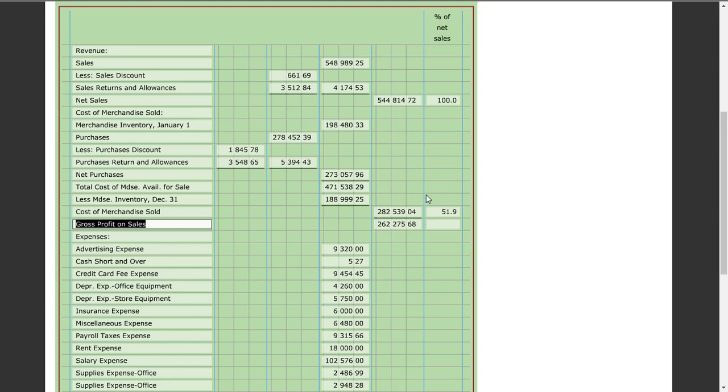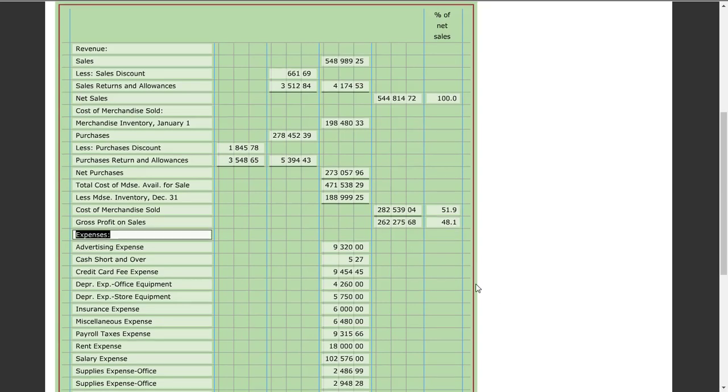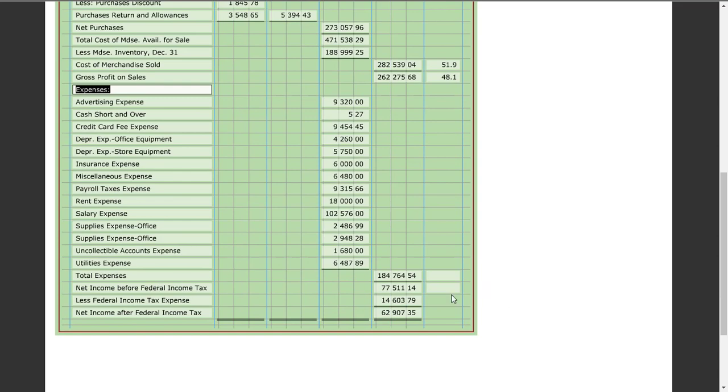Divide that by your 544. Your total expenses, divide by net sales. Your 184 divide by your 544. Do the same thing for your net income before federal income tax. Take your 77 number and divide by your 544 number.